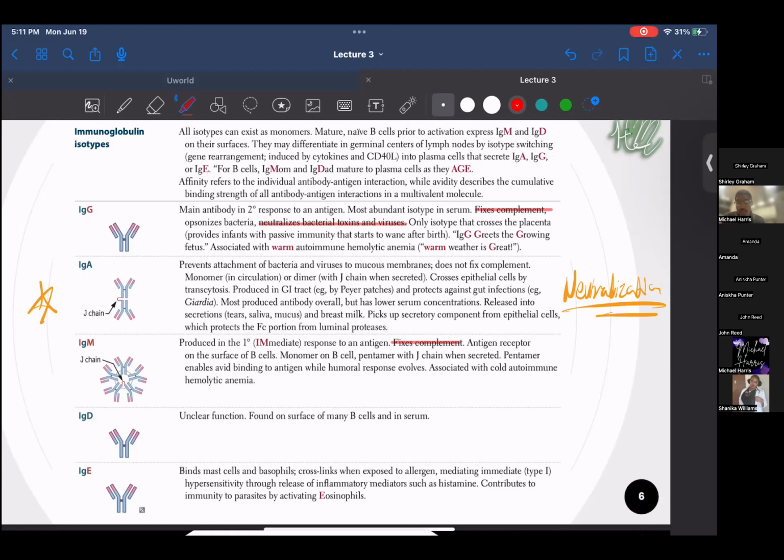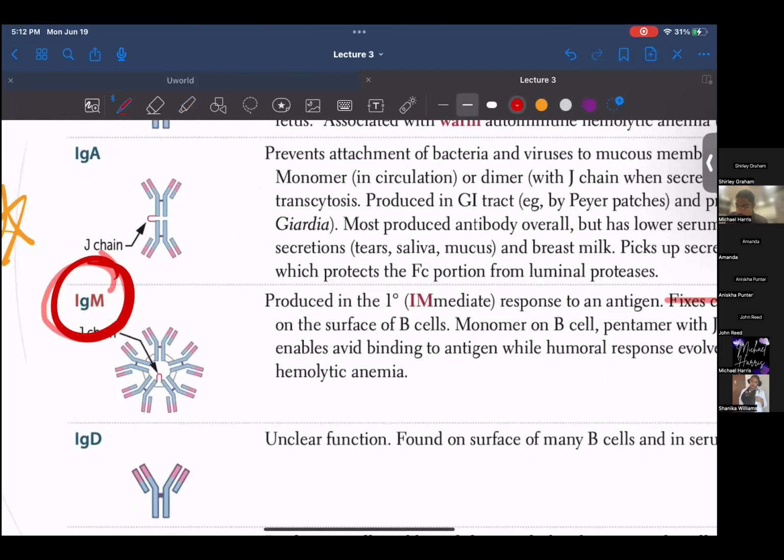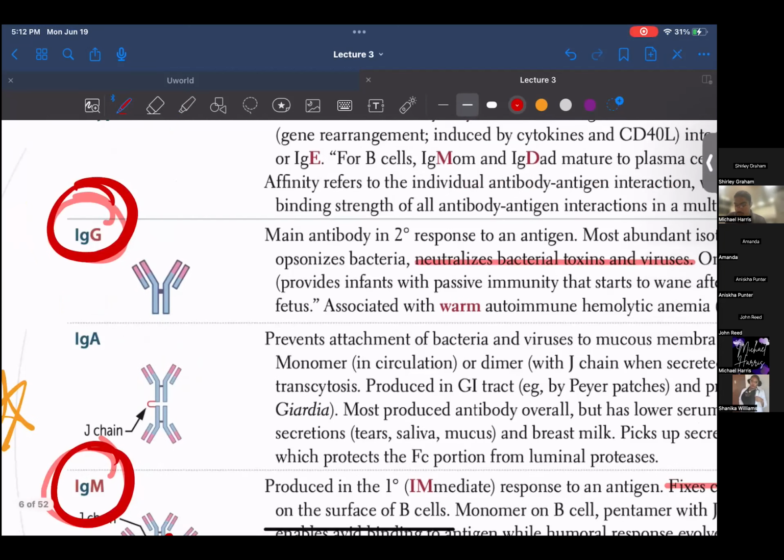Okay. Now, with that being said, if you start thinking of things like activating complement, which one do you think is better, IgG or IgM? IgM is better. Why is IgM better? Yes, perfect. Do not forget that. You have 5 FC portions that you can utilize versus the 2 FC portions, or the 1 FC portion you get with IgG.